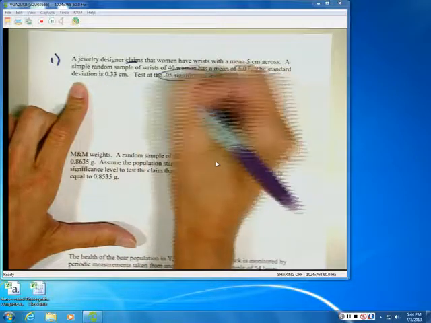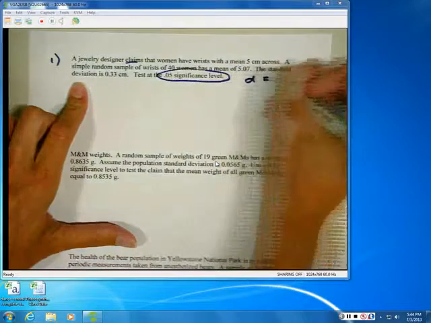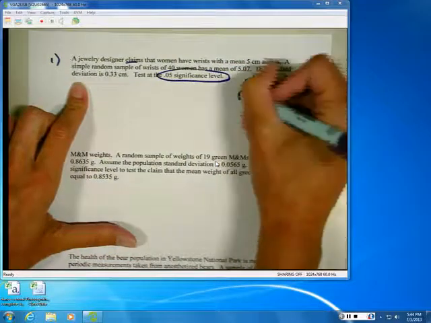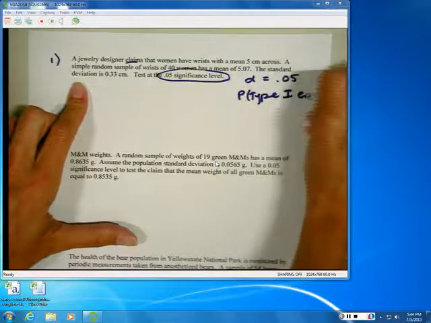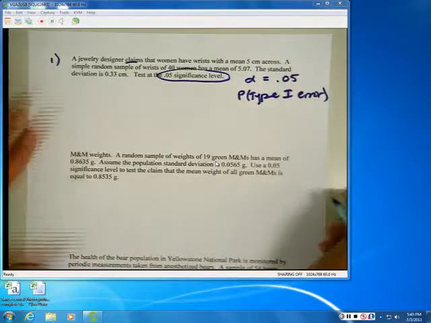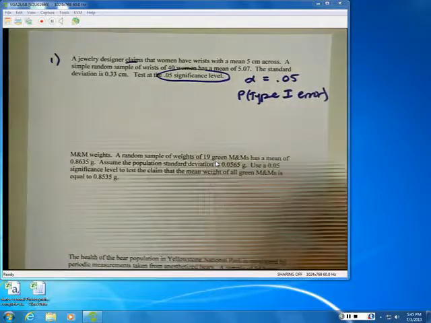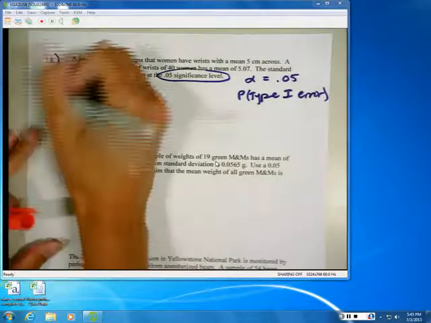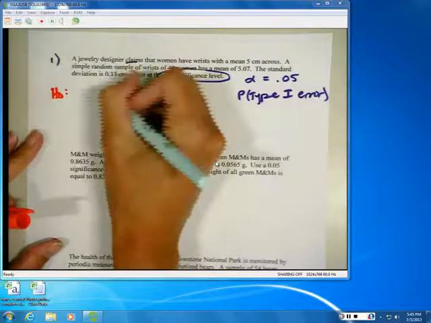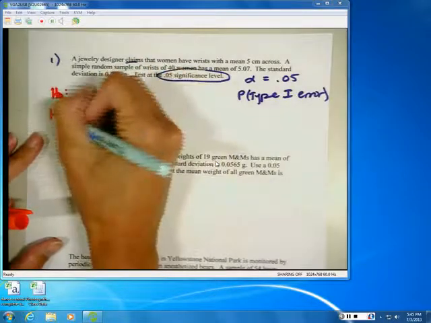Well, first of all, this is our alpha. Alpha is equal to 0.05, and it's the probability of a type 1 error. I did not ask you for that, but that's a little bonus there. What we really wanted to do, though, is to state our hypotheses. We know that we need a null hypothesis. That's going to have an equals in it. And we need the alternative hypothesis.